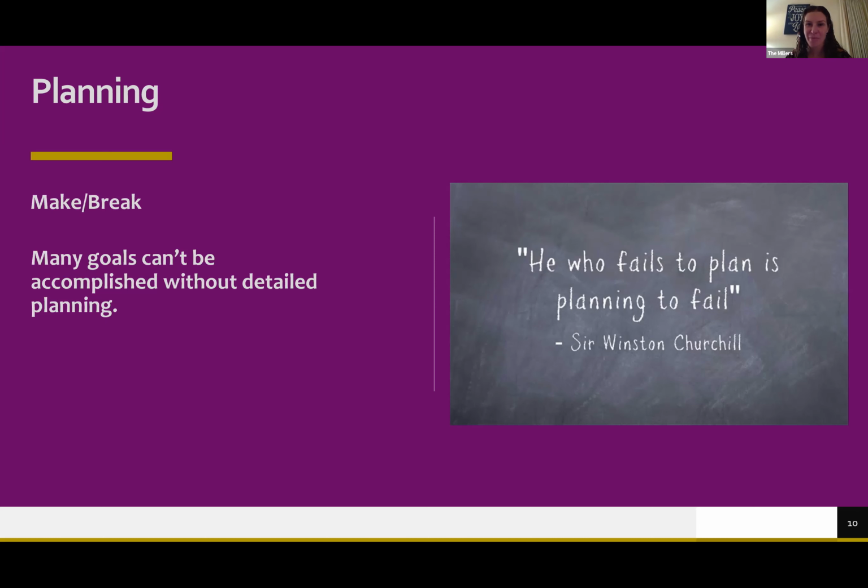And so the same thing can be true within the chapter. You're looking to bring in the biggest speaker that you've ever had, or you're looking to have a brand new event that you've never done before. You might miss a few things in your planning. That's okay. But you want to make sure that you get 90 or 95% of it up front, because you can deal with the 5 or the 10%.